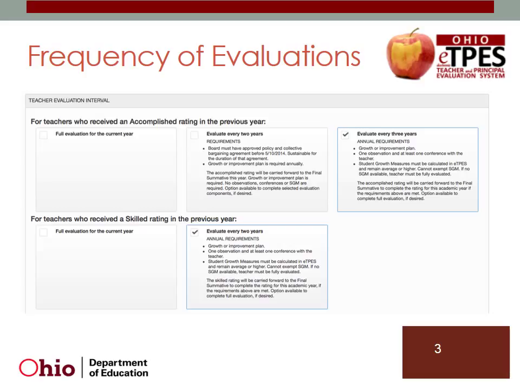In order for this to occur, the board must have an approved policy and collective bargaining agreement in place before May 10, 2014. Or a third option for evaluating accomplished teachers would be to evaluate the accomplished teacher once every 3 years.